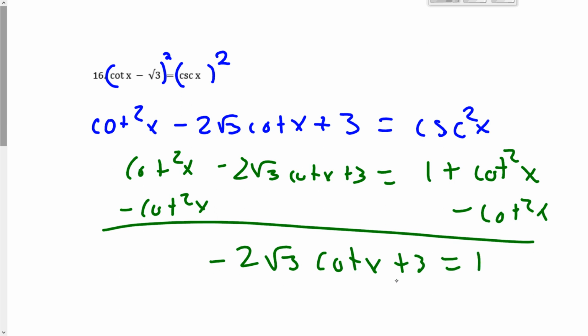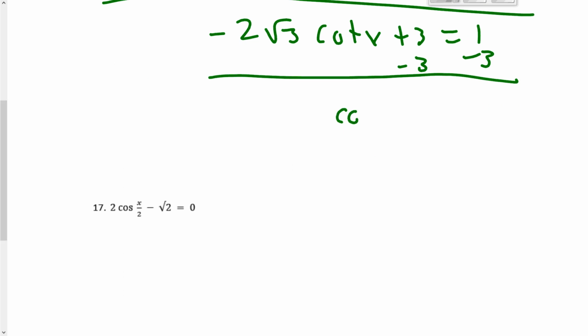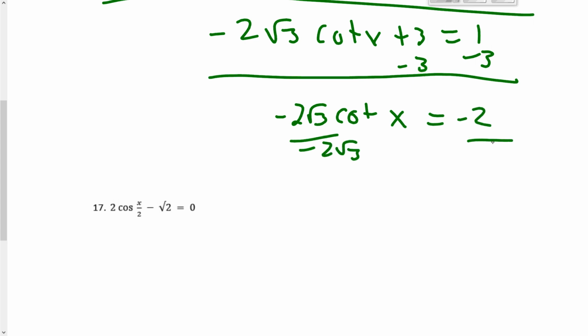Subtract 3, we get negative 2 root 3 cotangent x equals negative 2, divided by negative 2 root 3. These negative 2's are going to cancel, so we get cotangent x equals 1 over root 3, which is the same as root 3 over 3.